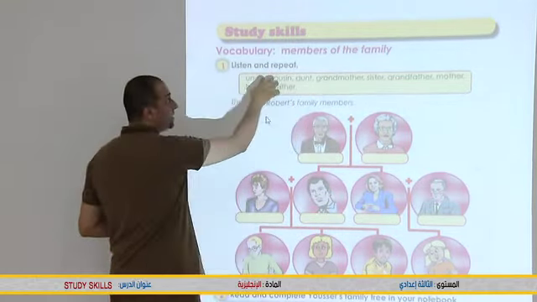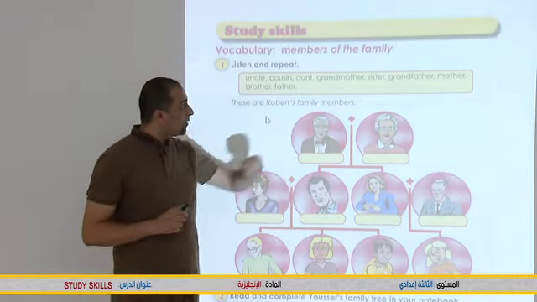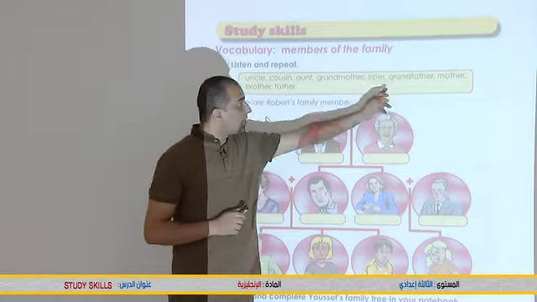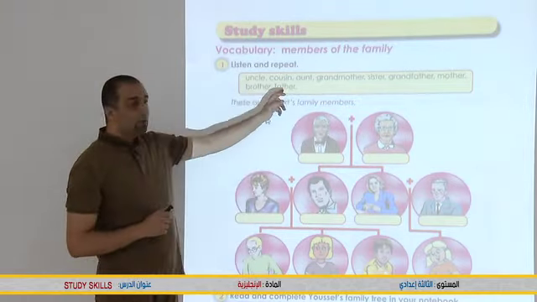So we have uncle, cousin, aunt, grandmother, sister, grandfather, mother, brother, and father. Each word in its correct place.